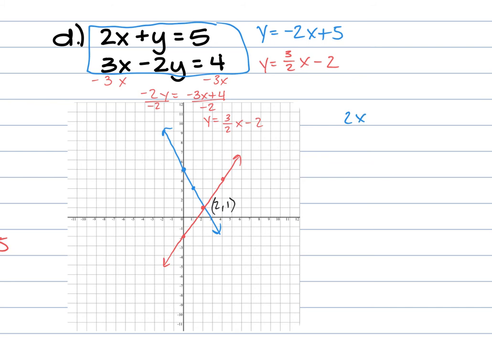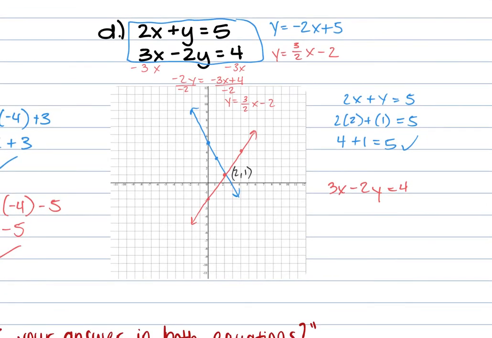So let's plug it into the original. We have 2x plus y equals 5. Plug in x is 2, so 2 times 2 plus the y is 1 equals 5. 2 times 2 is 4. You add 1 to that, you get 5. Beautiful, okay? So the blue one works. Let's check the red one. 3x minus 2y equals 4.